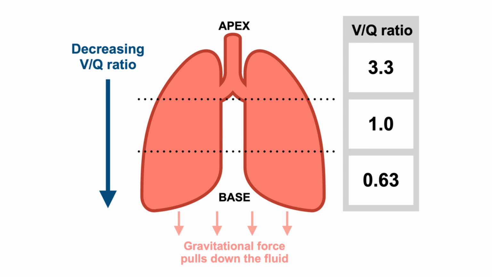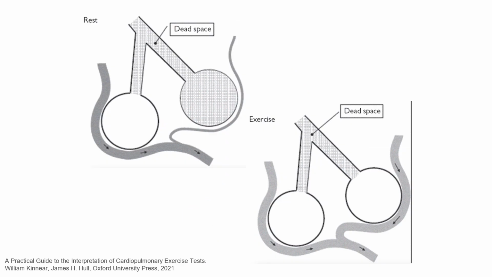And then in the middle, here, we have a VQ of 1, and this is where we have nearly perfect matching of ventilation and perfusion, resulting in full oxygenation and clearance of carbon dioxide, where we have optimal efficiency in respect to ventilation and work of breathing.